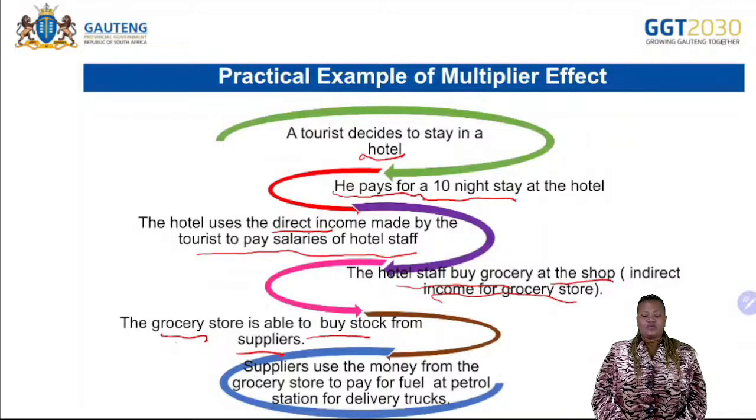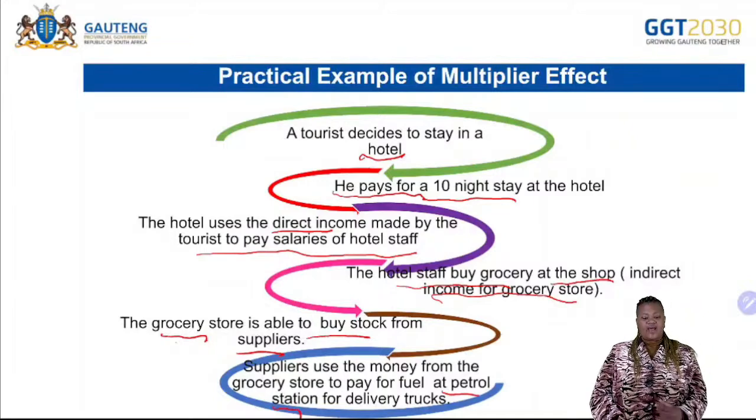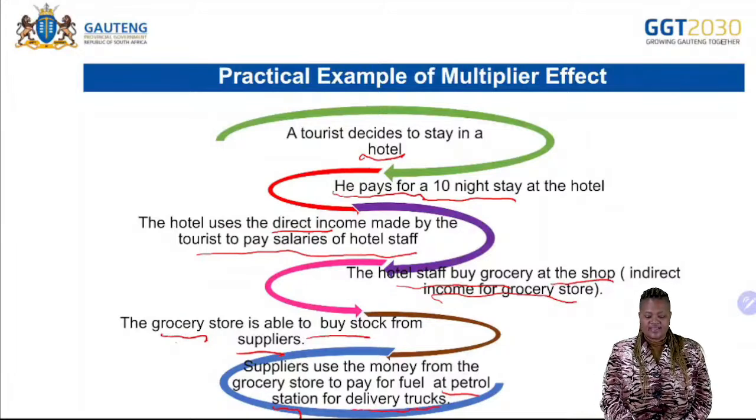Suppliers use the money from the grocery store to pay for fuel at petrol stations for delivery trucks. So we now know that the grocery store is able to buy stock from the suppliers, but the suppliers need money to move the goods. Money and fuel to move the goods around. So obviously the supplier will use the money that he received from the grocery store when the grocery store was restocking on supplies to pour some fuel or petrol into the delivery trucks.